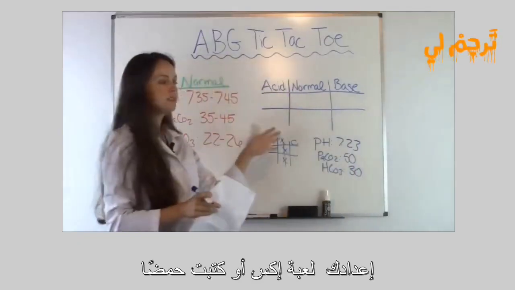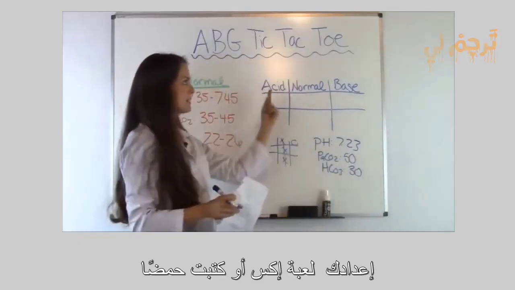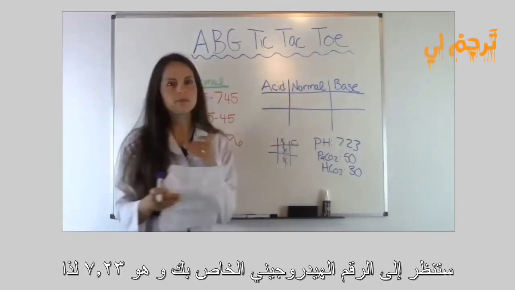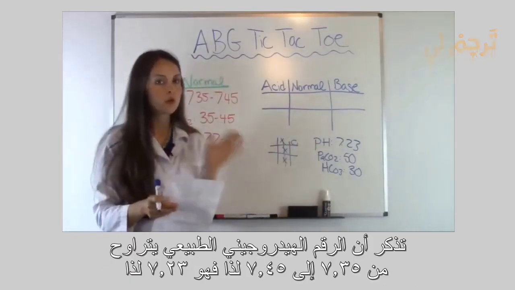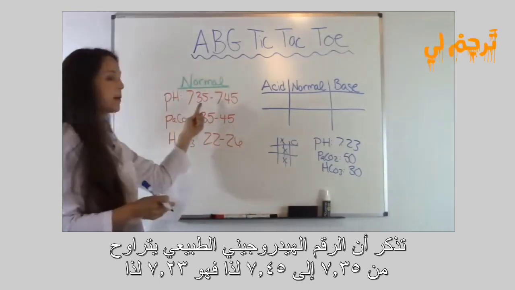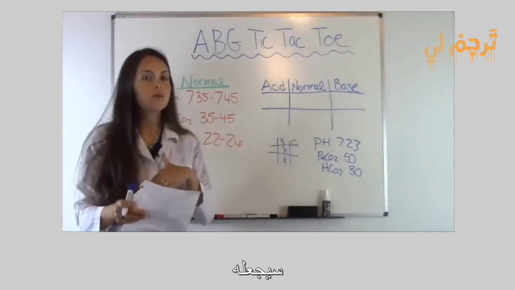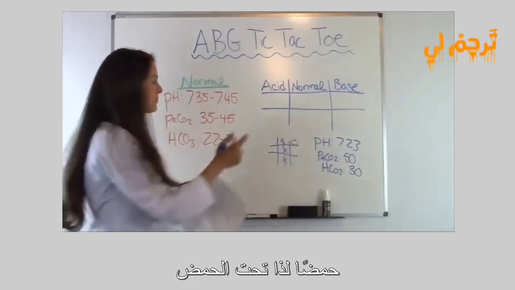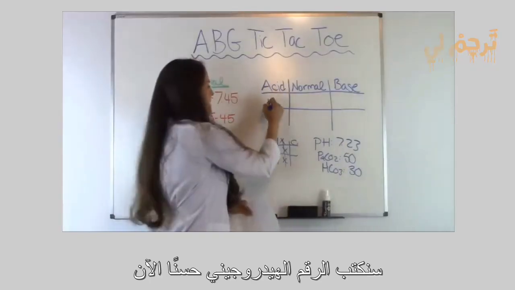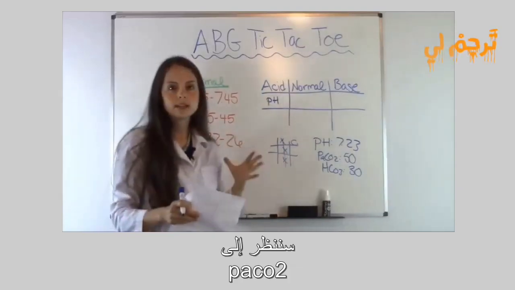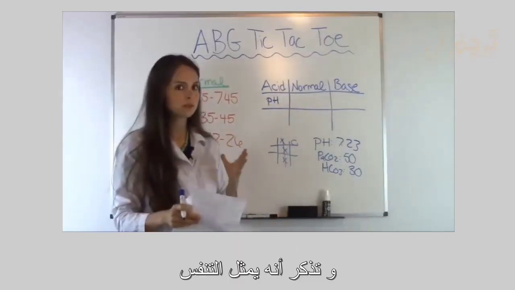Okay, after you've set up your tic-tac-toe, you've written acid, normal, and base up at the top, you're going to look at your pH. It's 7.23. So remember, normal pH is 7.35 to 7.45. So it's 7.23, so that would make it an acid. So under acid, we're going to write pH. Now we're going to look at PaCO2, and remember, that represents respiratory.